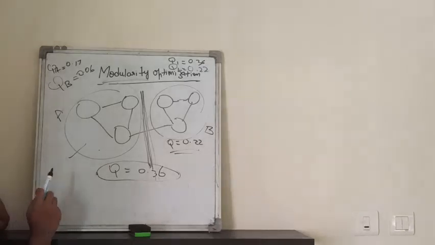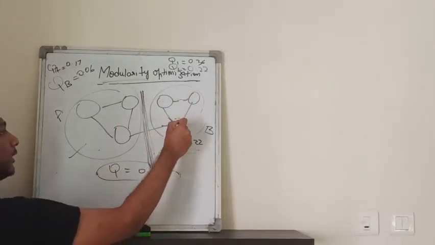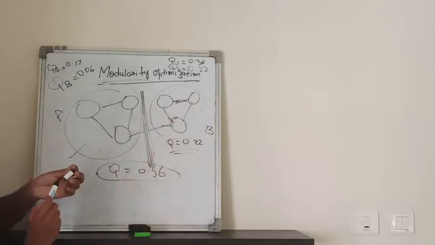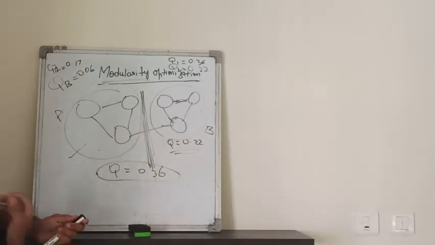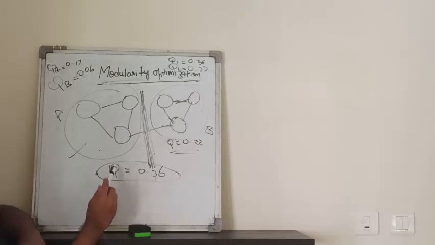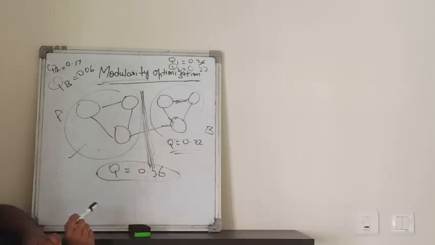But here, because we've been given one cut and another cut, and we have to find out which is better, we have just compared both of them. But when you actually want to find communities, you have to take all possible cuts and find out the modularity of all of them, and then only you'll get to know which is the proper cut, which are the communities in the graph. That's it. That is basically modularity optimization.